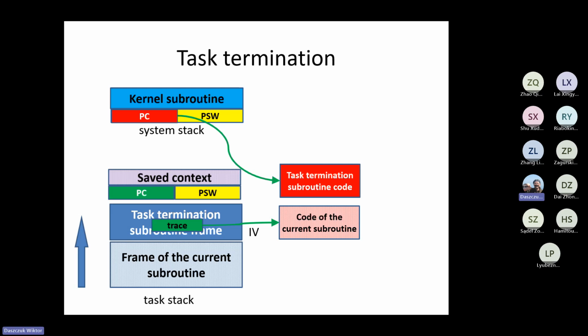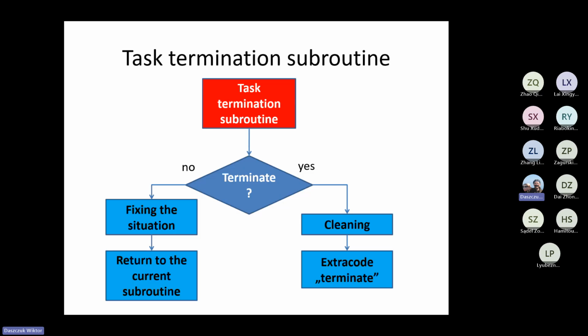So we start executing the code at the beginning of this procedure, not in the middle. This procedure can decide to terminate the program or not. If to terminate, it cleans the situation and issues the exit code terminate. If we choose no, we fix the situation and return from the cleaning subroutine to the subroutine in which the interrupt occurred. That's all.